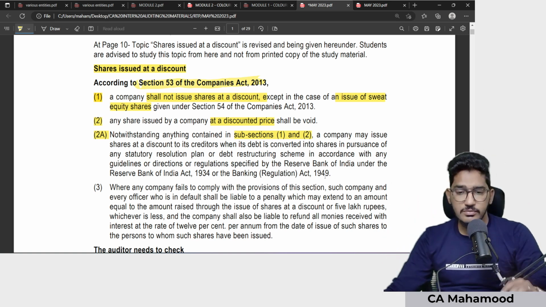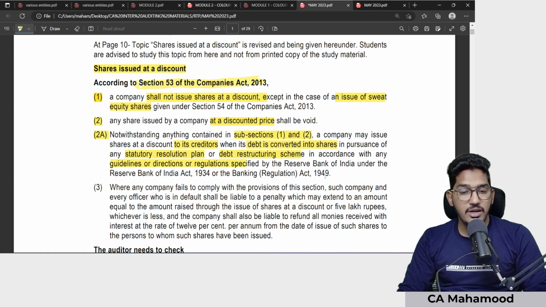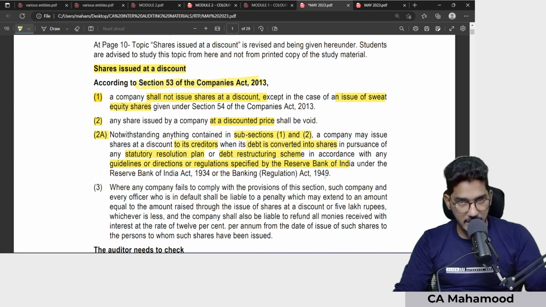A company may issue shares at a discount to its creditors when its debt is converted into shares in pursuance of any statutory resolution plan or debt restructuring scheme in accordance with any guidelines, directions or regulations specified by the RBI under the RBI Act 1934 or the Banking Regulation Act 1949.